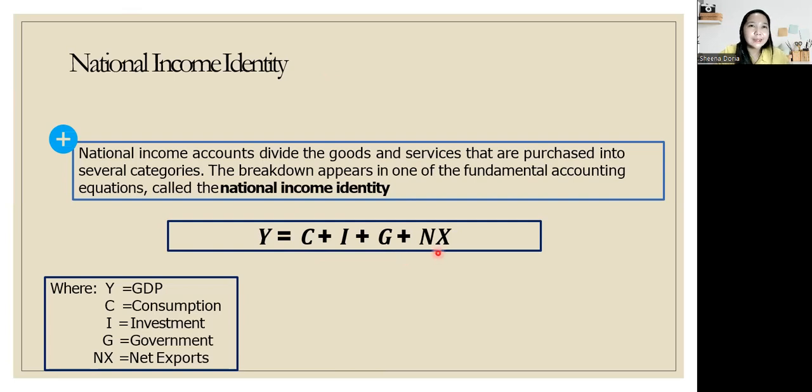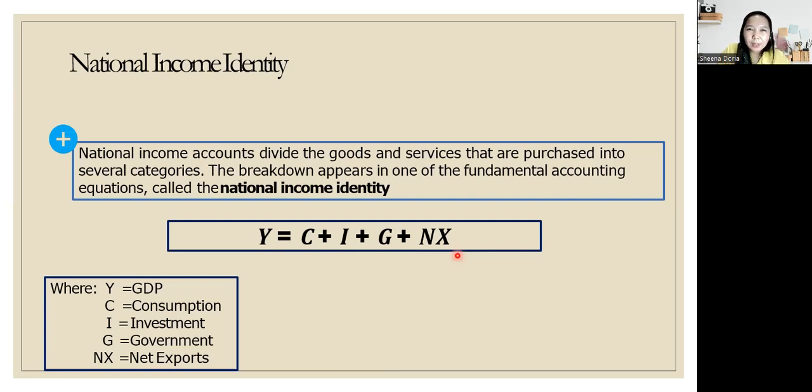Okay, although i-discuss naman natin siya next chapter, pero you should know that ang GDP natin is kinukompute, number 1, C is consumer expenditures or consumption, I is investment, G is government expenditures, and NX is net exports. Yung net exports natin class is nakukuha natin from subtracting imports and exports.